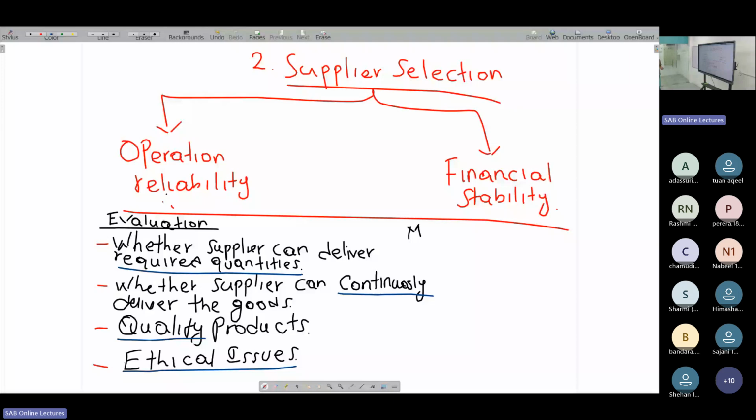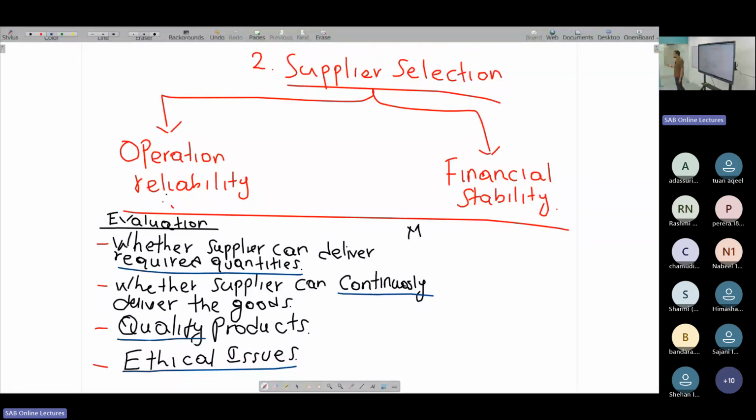So the main 4 points: first, whether he can deliver the required quantities. Second, whether he can continuously deliver the goods or not.